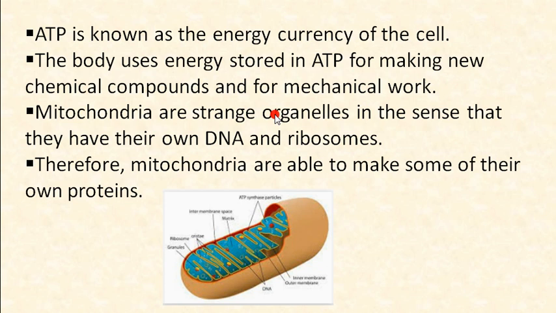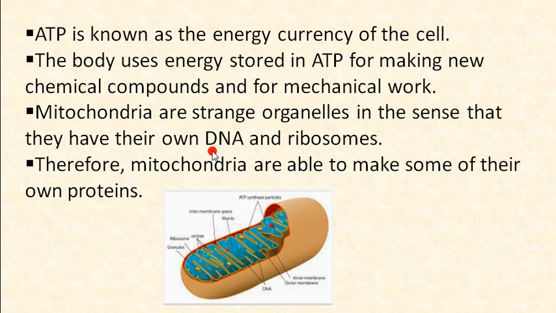And mitochondria are strange organelles in the sense that they have their own DNA and ribosomes. This is very important because mitochondria have their own DNA. Own DNA means they have their own DNA. DNA is deoxyribonucleic acid, the full form of DNA. And what is DNA? DNA is the inheritance material of every cell.